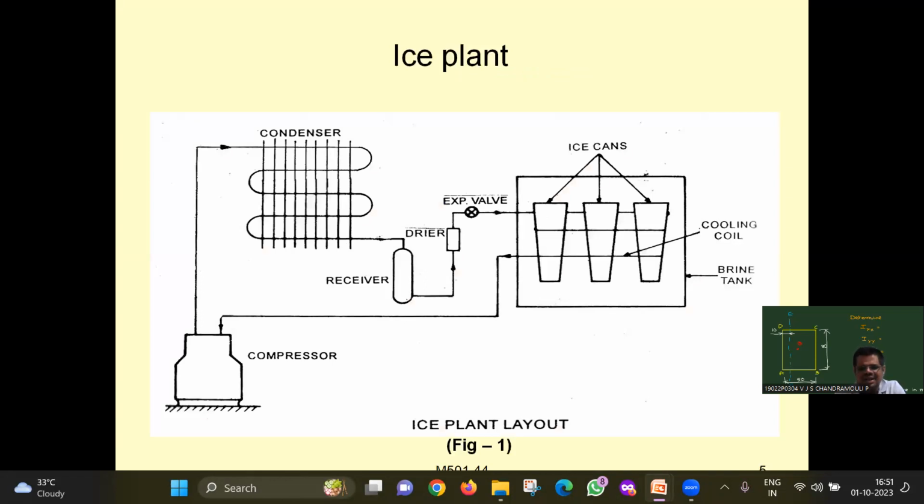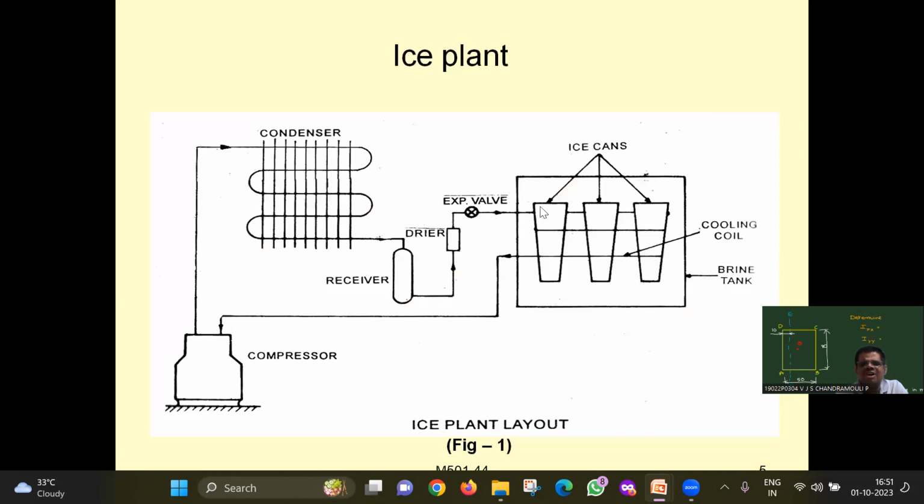So this is the layout of a basic ice plant. In every application, the components are similar, except the evaporator, because the evaporator is the only place where our purpose differs. Here our purpose is to produce ice. That's why the construction of the evaporator is somewhat different.